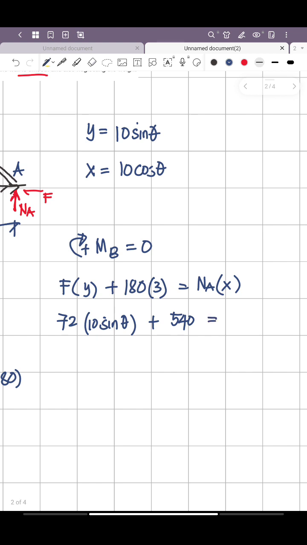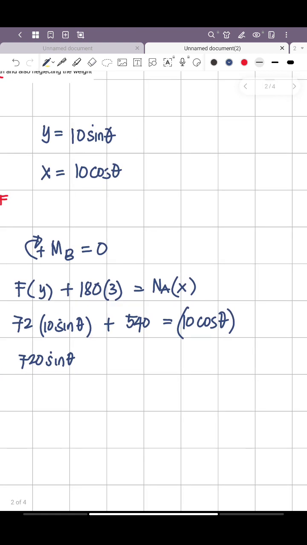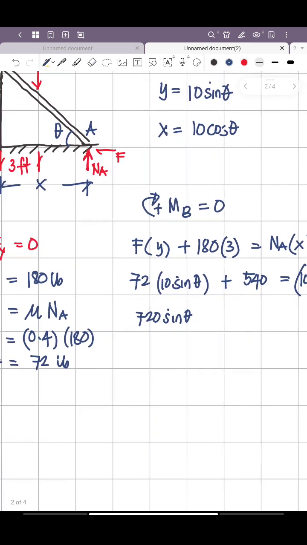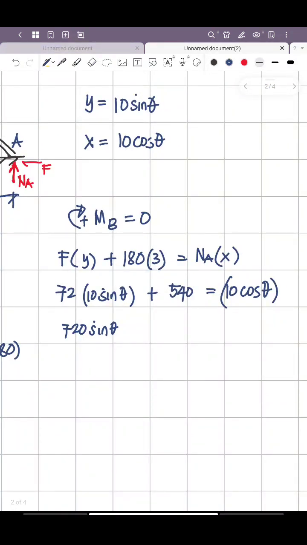Equals, ang X natin is 10 cosine theta. So we will equate this one, that is 720 sine theta. Yung NA pala natin is 180.